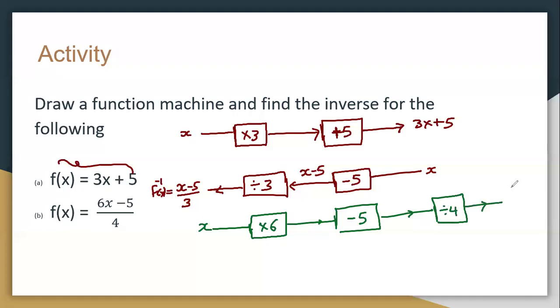Okay. Then the output will be 6x minus 5 divided by 4.